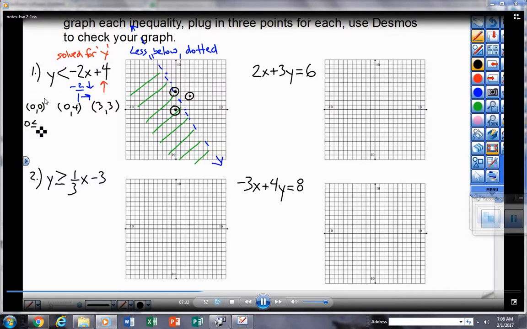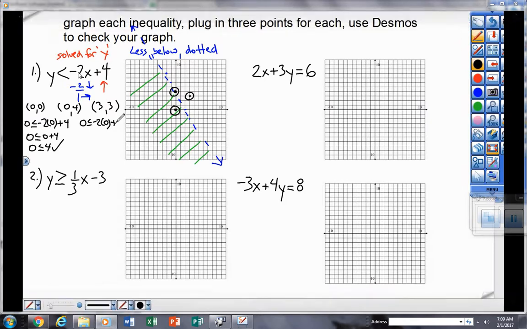So 0 less than, I'm sorry, that should be just plain old less than. -2 times 0 plus 4 is 0 less than 4. That is a true statement. So again, don't write that equal line there. I'm not sure why I wrote that. That is true.